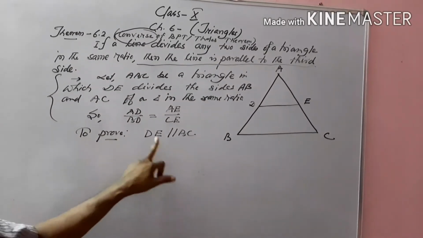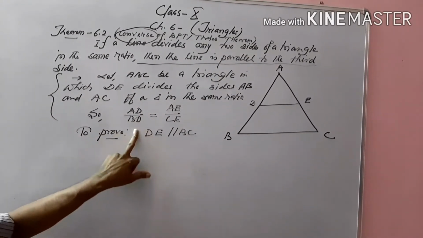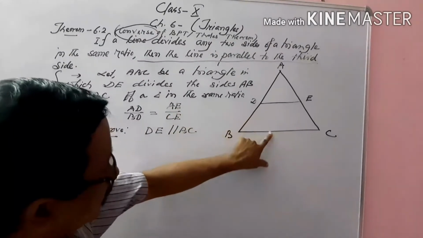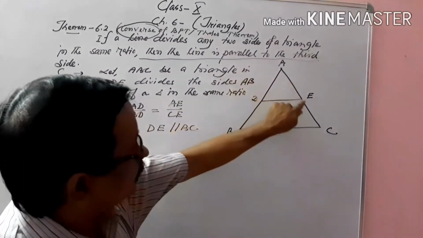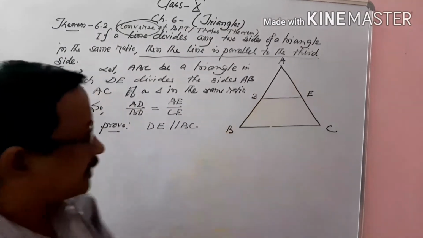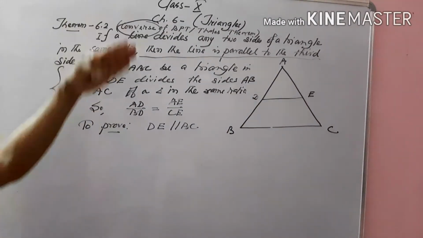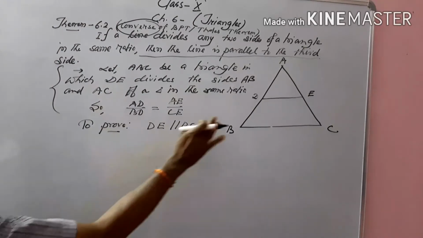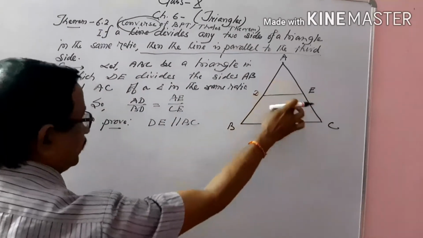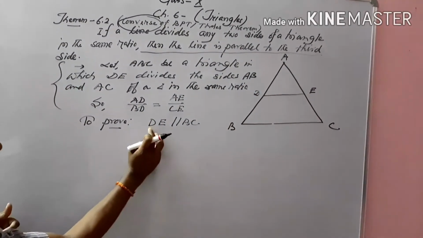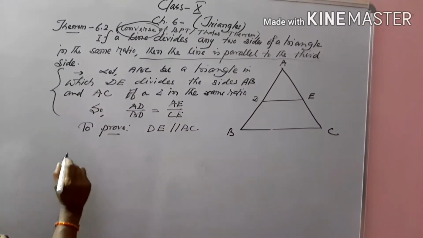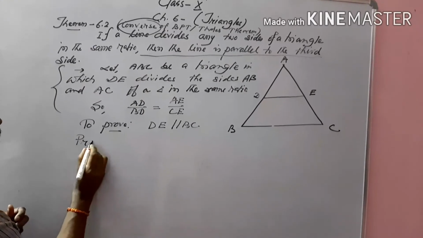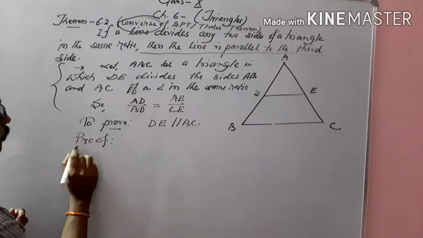In the last class I showed you that once two lines are parallel, their parts are proportional, their part ratios are the same. But now I am doing the converse of that. The part ratio is given to be the same, but you have to show DE is parallel to BC. Very simple. Just go through the points I am showing now. How do you prove this?